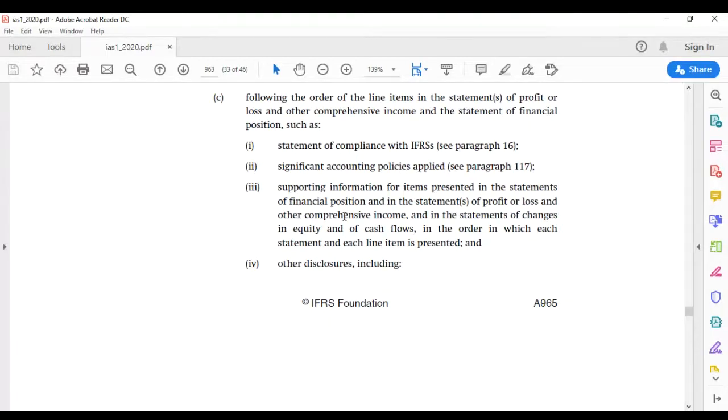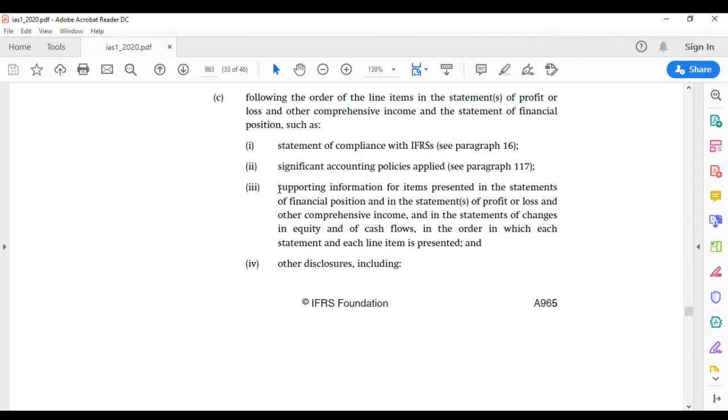So these policies are consistent in all material respects to those applied in previous years. If there had been a change, then we will describe that separately. So then you describe all your accounting policies.